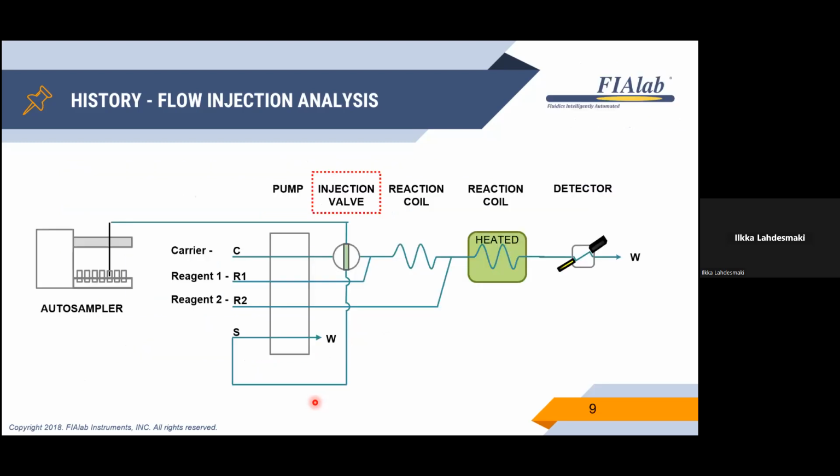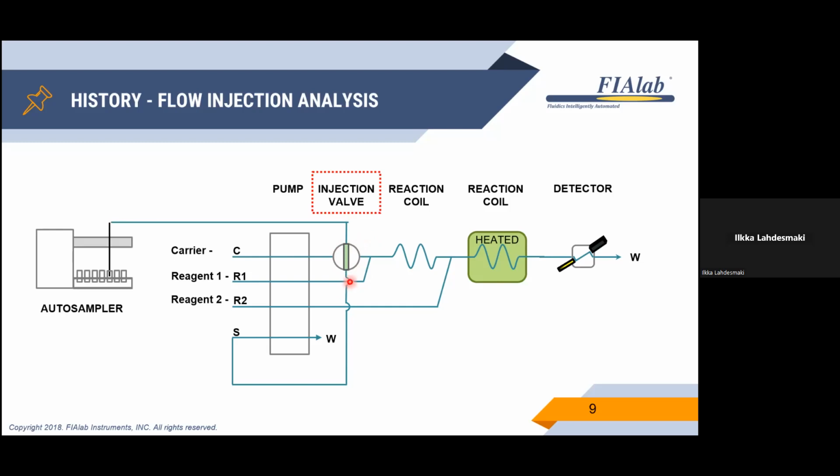Then let's take a look at the way that an FIA instrument would look schematically. Here too, there are a lot of similarities in the sense that you originate at an autosampler where the probe goes inside a sample cup, and there's a pump line that provides suction so that the sample travels through the connecting line and then gets to an injection valve.